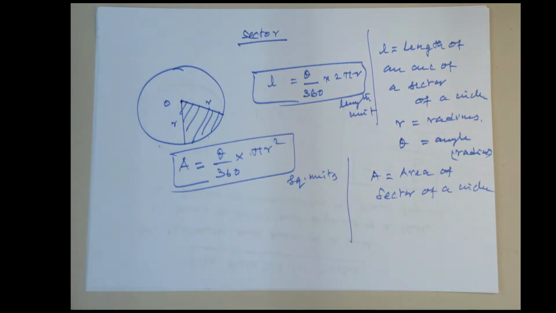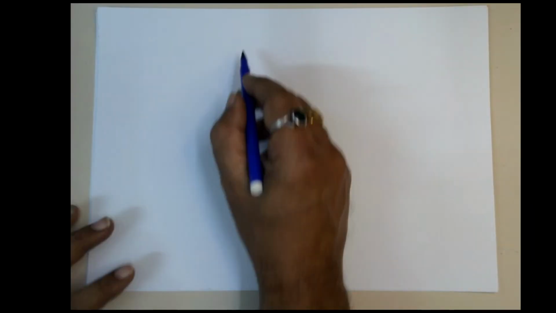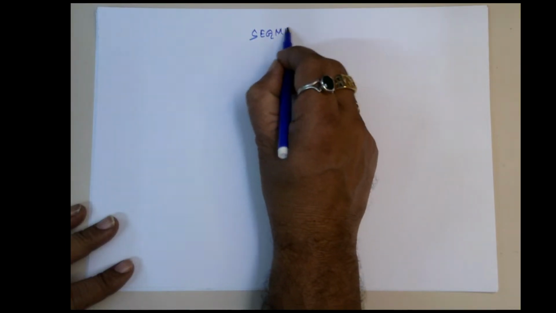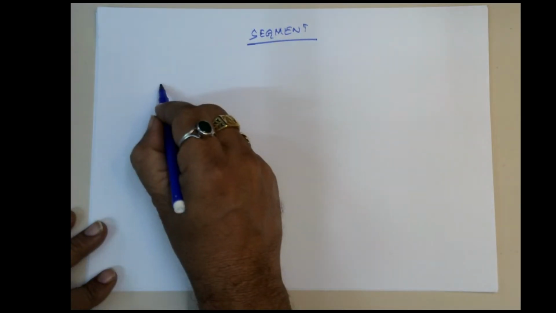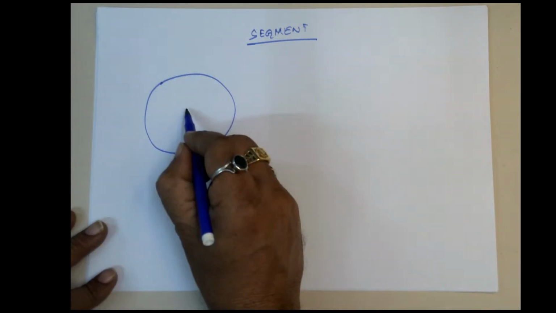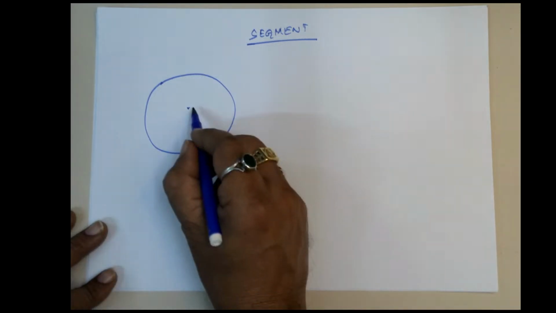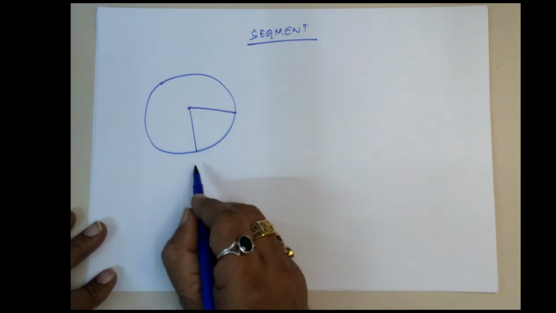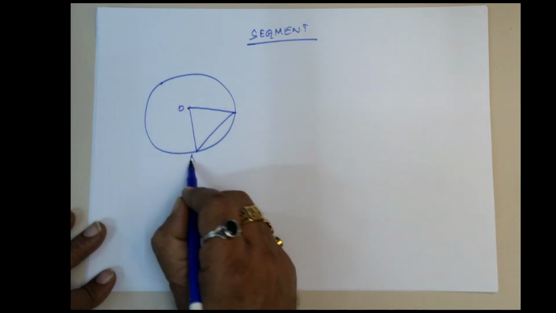Now let us consider the segment also. So here let me consider the circle, and this is the center of the circle. Now you have some sector here and draw a chord here. This is called the chord, OAB.